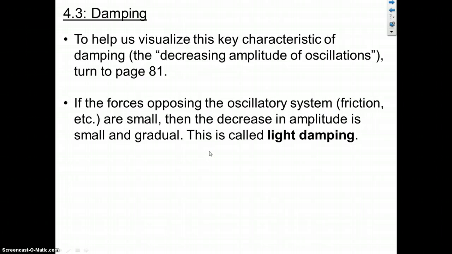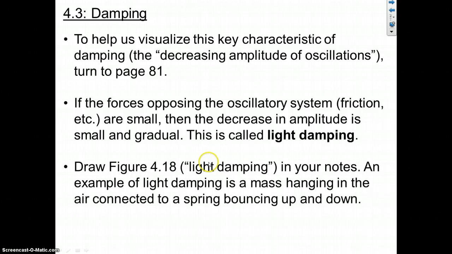If the forces that oppose the system, the resistive forces like friction, are small, then the decrease in amplitude is small and gradual. And we call this light damping. So I want you to draw figure 4.18, which you can find on page 81. Draw that in your notes, either on the same page that we've got going or somewhere else. I might have provided some space.